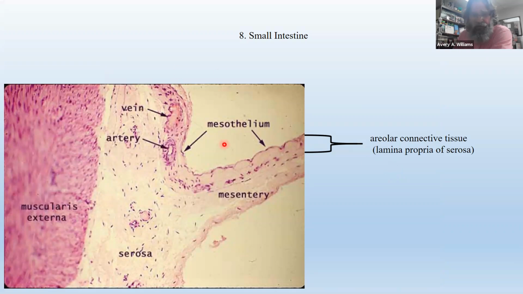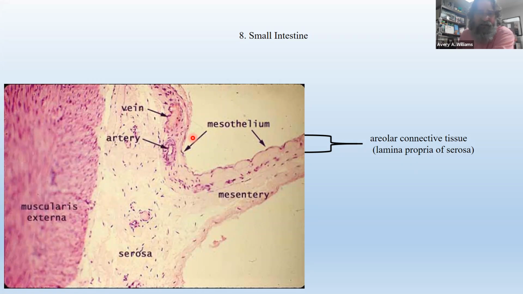Now, here's more of the small intestine, but this time we're looking at the mesentery that's connected to the intestine. The mesothelium, that's another word for the visceral peritoneum.